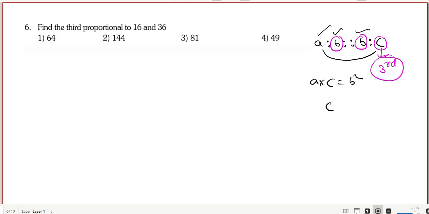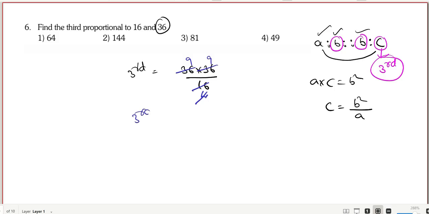By this, the third proportional C is obtained by mean proportional square by A. Here the mean proportional is 36, so the third proportional is obtained by 36 into 36 by 16. By doing so, you get the third proportional. Both are divisible by 4.